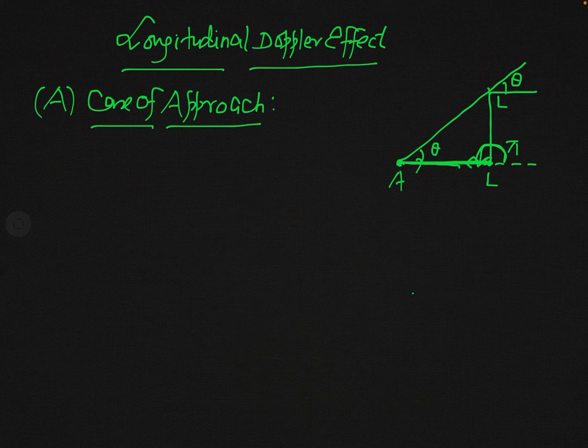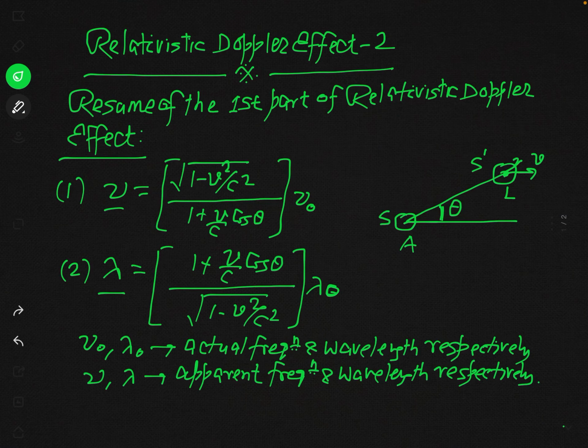So remember here, in case of approach, theta is equal to pi. And if theta is equal to pi, you know cos theta will be equal to -1. And therefore, the apparent frequency nu, which we now denote by the symbol nu A for approach, you can easily write by using the general result, which I have mentioned here.